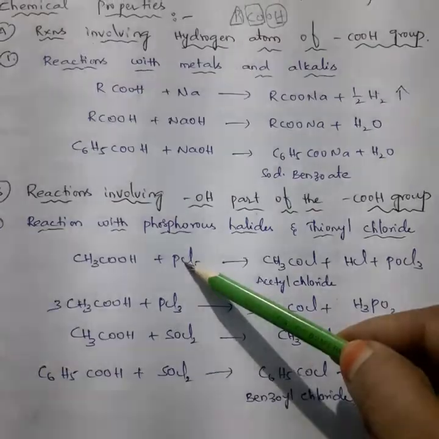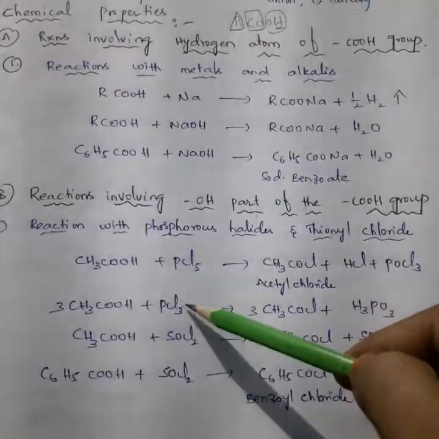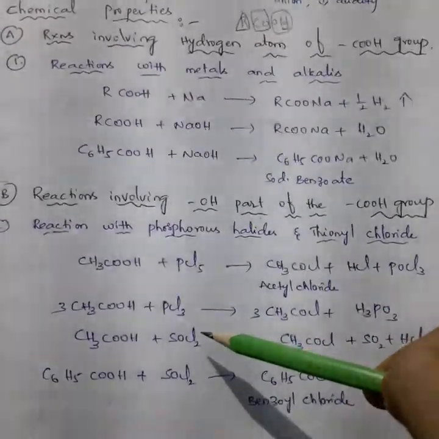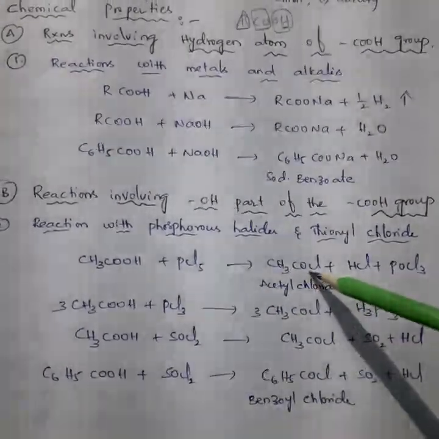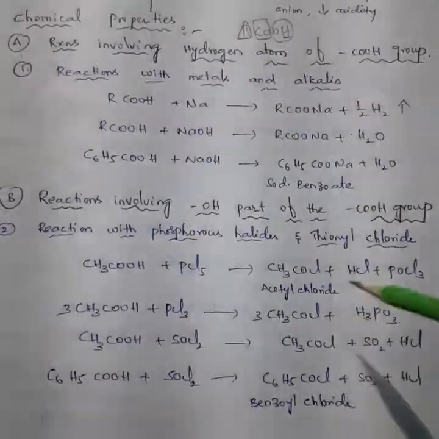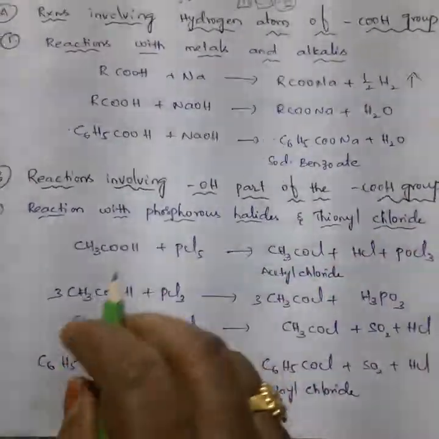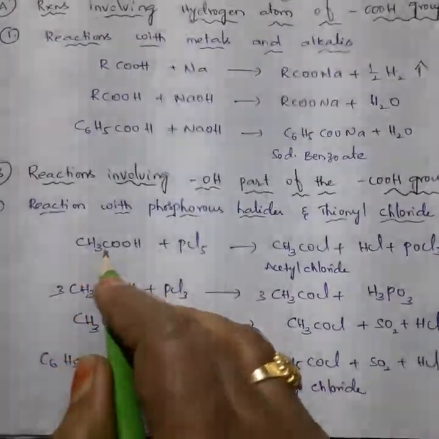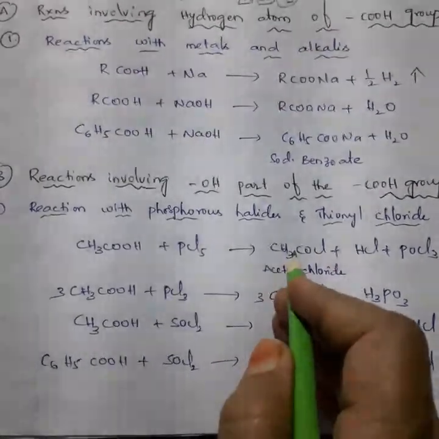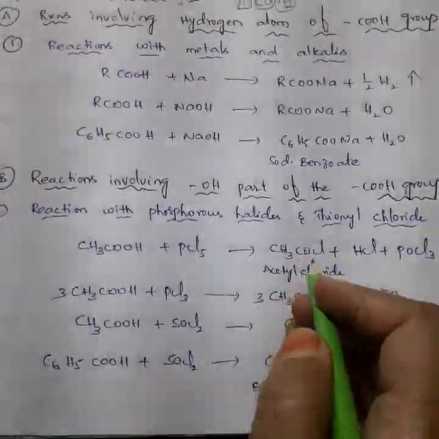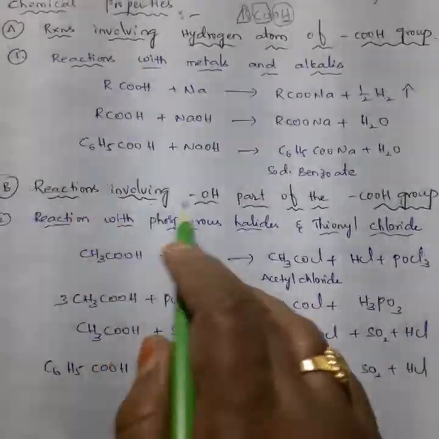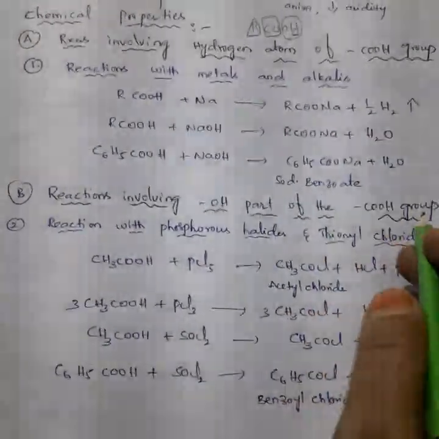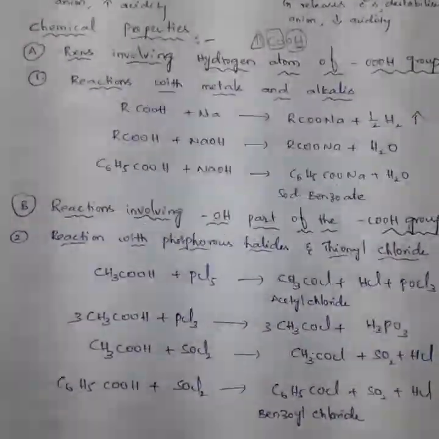Carboxylic acids react with phosphorus pentachloride, phosphorus trichloride, as well as with thionyl chloride, ready to form acetyl chlorides with the liberation of these things. So if you observe here, CH3COCl we got, meaning the OH is replaced with Cl. Hence these reactions come under reactions involving the OH part of the COOH group.